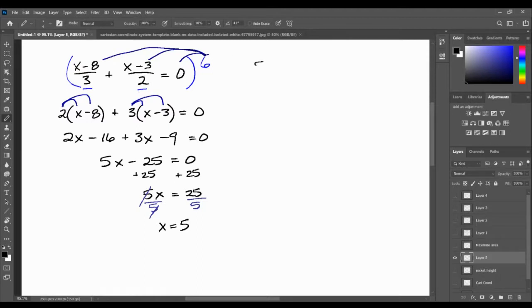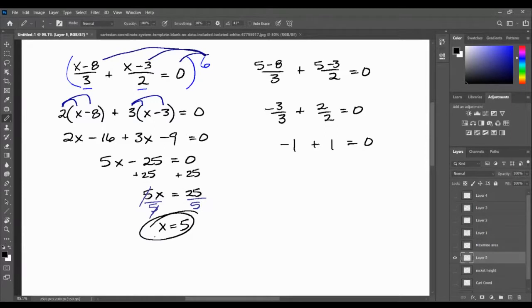Go ahead and check this real quick. 5 minus 8 over 3 plus 5 minus 3 over 2 equals 0. And the reason we're going to want to check is because we have some domain restrictions on some of these. And if you get an algebraic answer that is outside of the domain, it is not a part of your solution. And it looks like this one checks okay, so I'm pretty good with that answer.